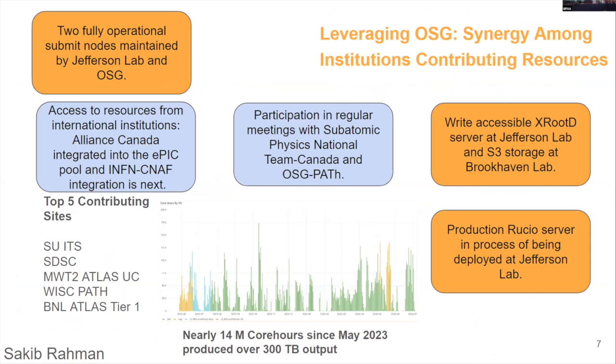That's helpful because if there's an issue in one place, we can just switch over to the other one. Right now, we can access resources from international institutions. We started with Alliance Canada as a test point, and that works. The next step is to do that better, and also integrate INFN, CNAF that's there.